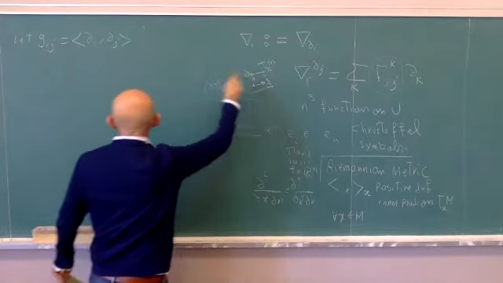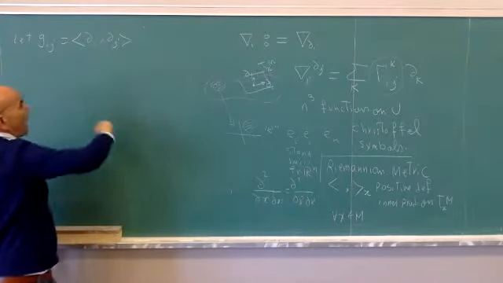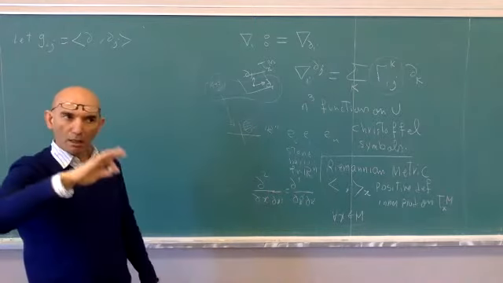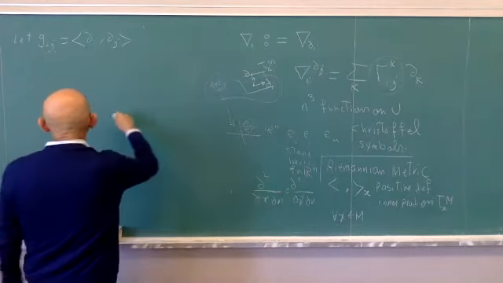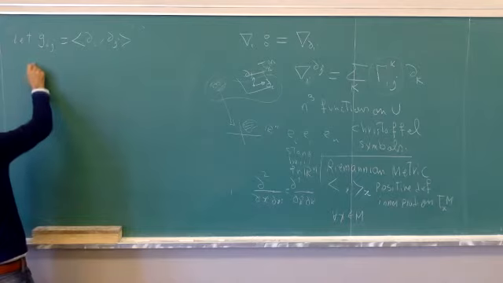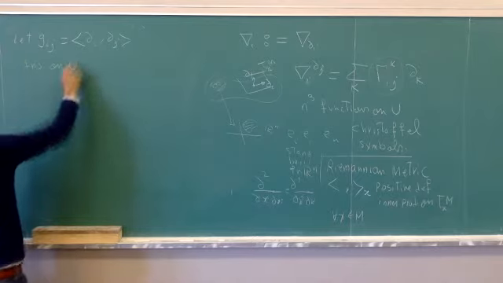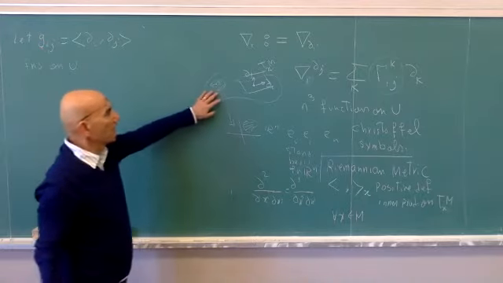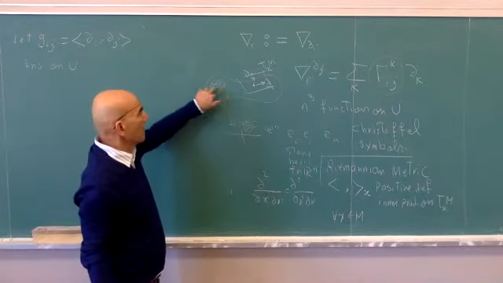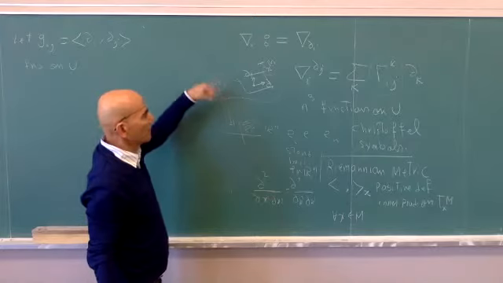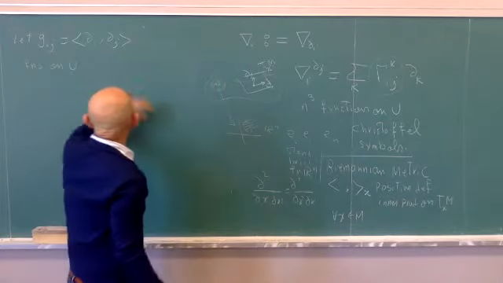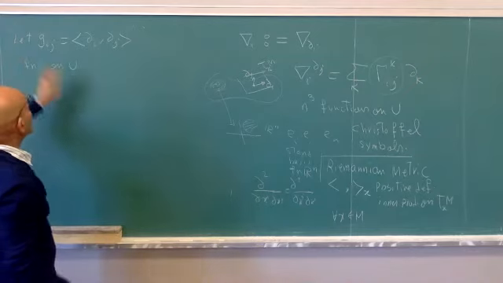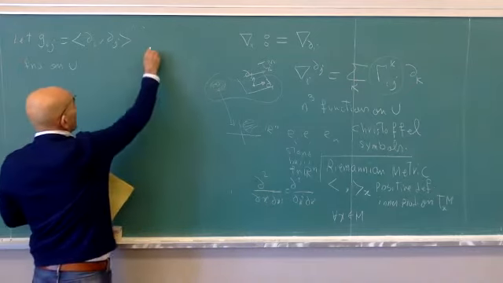At that point, you take the inner product and you let the point change, so you get a function on U. Of course, there is nothing invariant about these functions. If you change the coordinates, you get on the neighborhood of x a different set of functions, but that's okay. So this g_ij we can also think of as an n by n matrix.